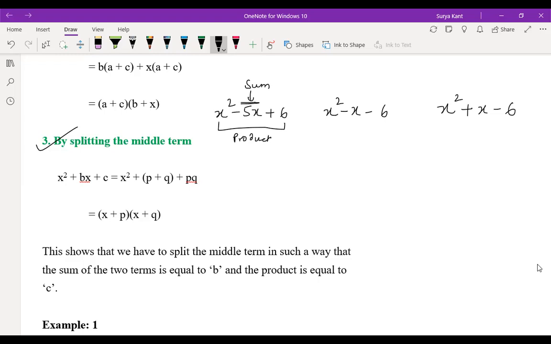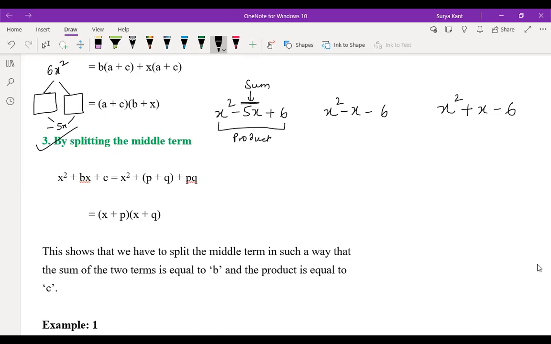So 6x square, write it separately. What you should do is split into 2 parts such that your product is 6x square and your sum is minus 5x. What should we take, children? Sriyanvi, what should we take here?